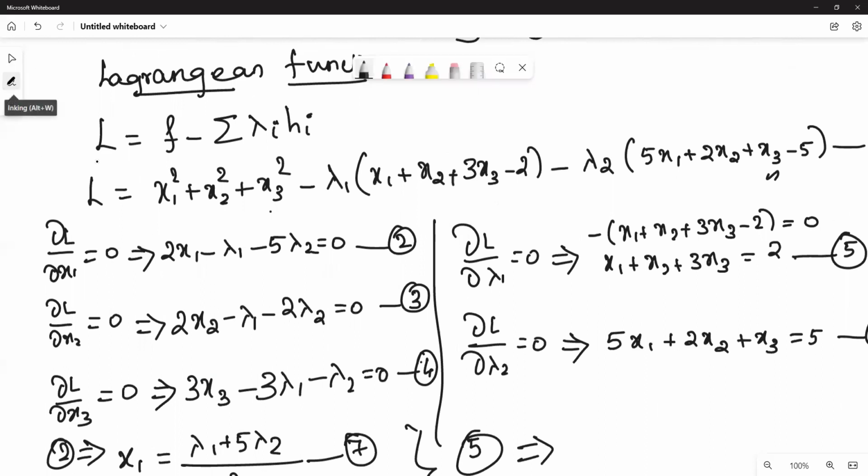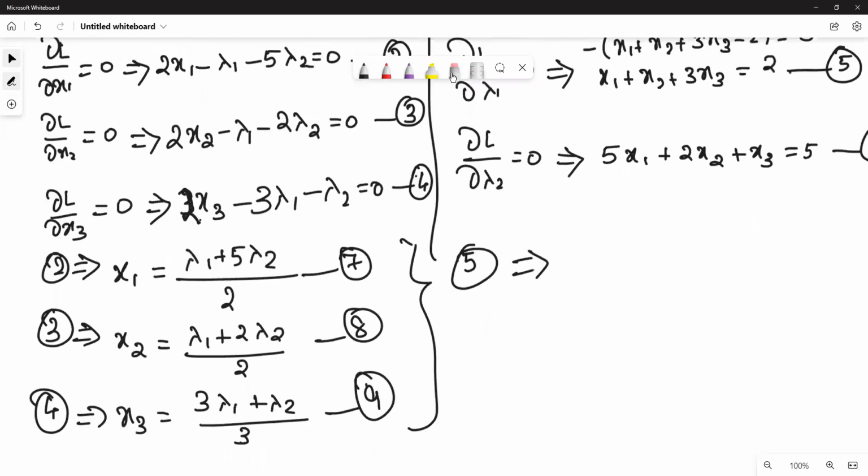Just make a change here. x3 square, if I differentiate, it is 2x3. So it will become 2x3 here. Okay. So make a change here. So x3 will become (3λ1 plus λ2) by 2. Got it? x3 square, if I differentiate, it is 2x3. By mistake, I have written it as 3x3.